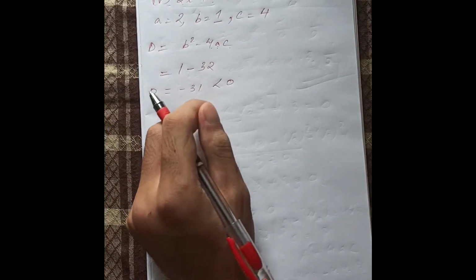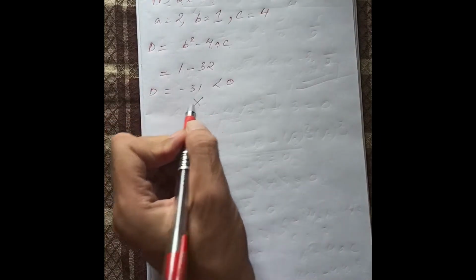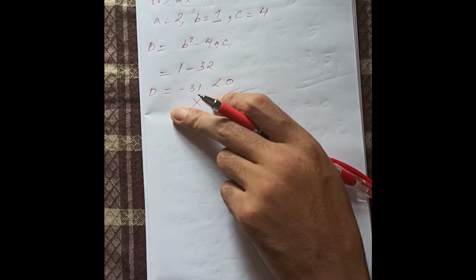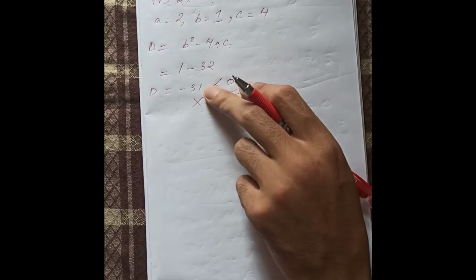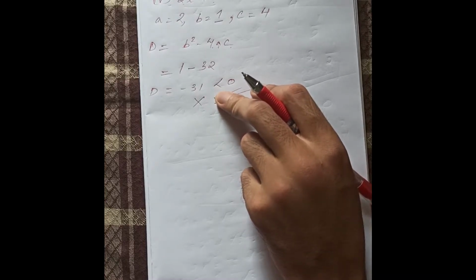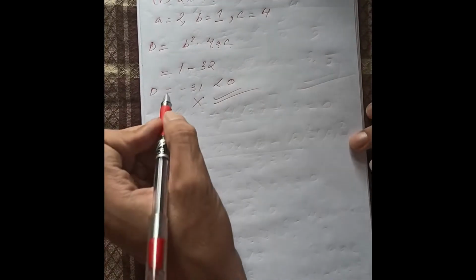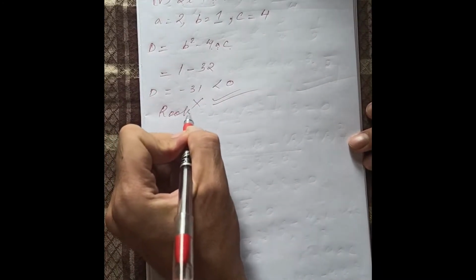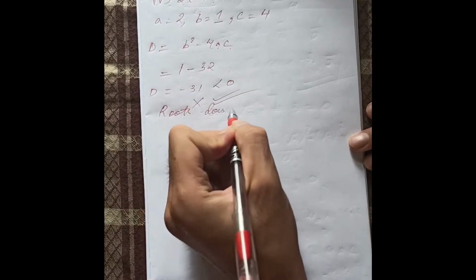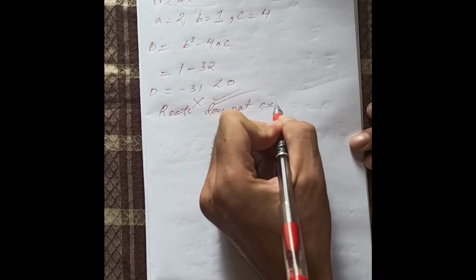It's less than 0. If it is less than 0, then it has no roots, so there's no need to find the roots because the discriminant is less than 0. So what you can write here: roots do not exist.